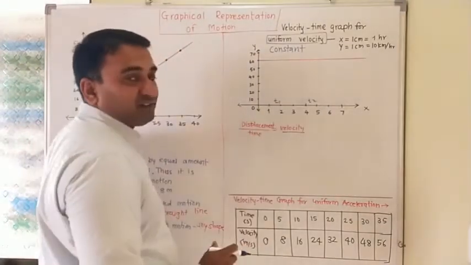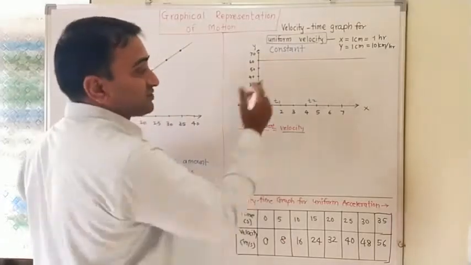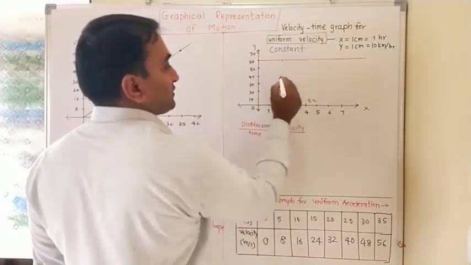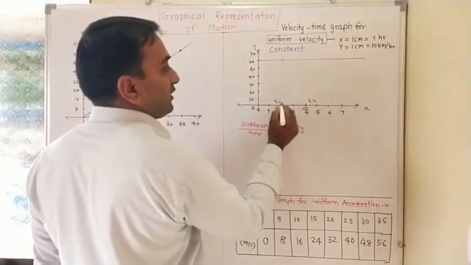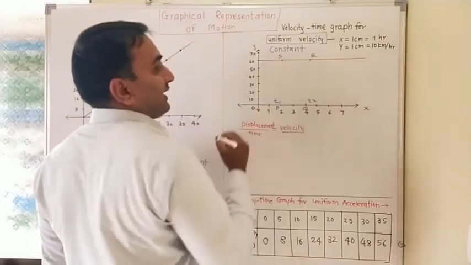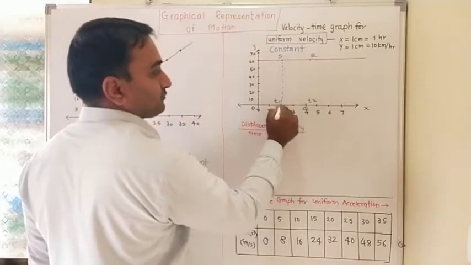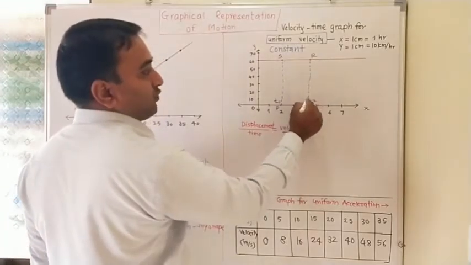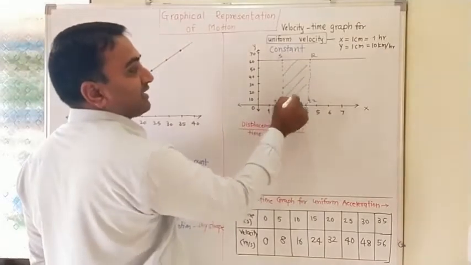In between that, how much distance is traveled by this train? So suppose this is point P, this is point Q, here point R, and this one is point S, because we are going to draw perpendicular lines. So what we are getting here, PQRS, is a rectangle.